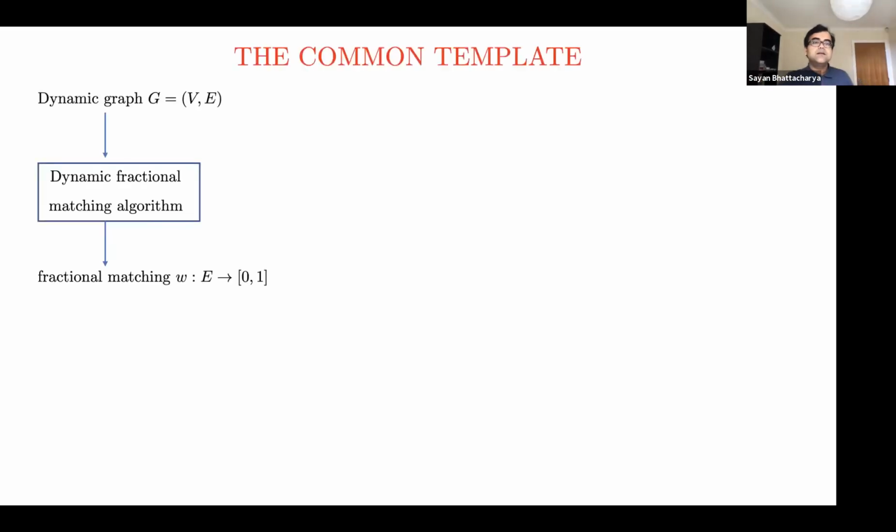Okay, so now we are ready to precisely define our result. Let's look at the common template for dynamic matching. The first ingredient is a dynamic fractional matching algorithm that outputs a fractional matching.